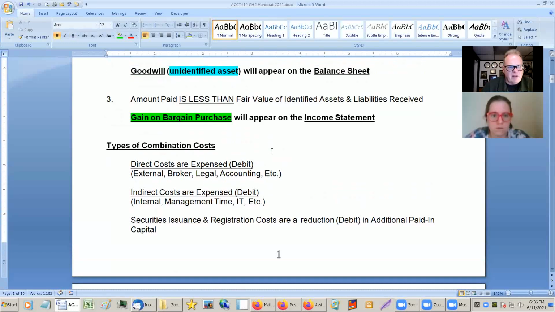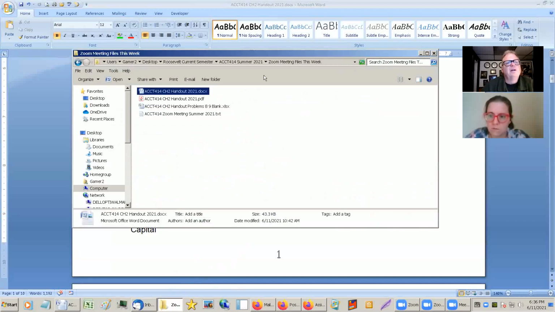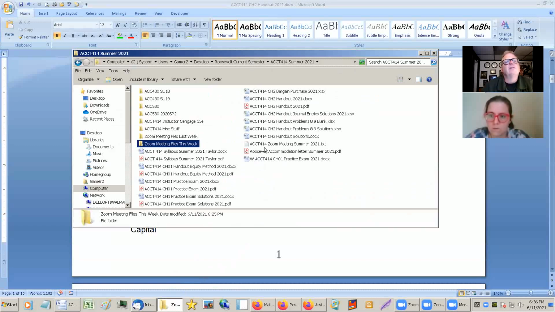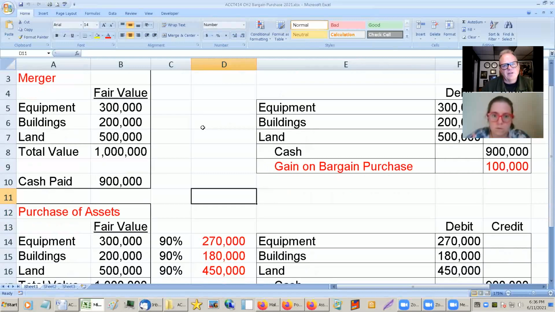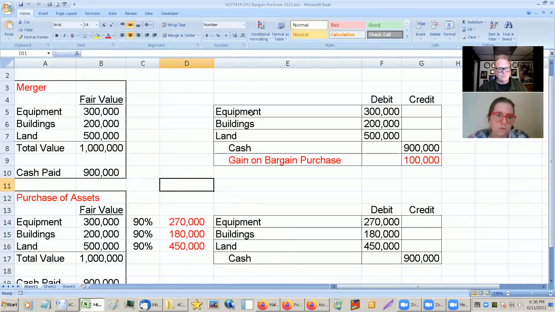And I think I have, let me pull it up. I don't know if this is enough to go into, but this is just a little thing on bargain purchases. So, for instance, if it's a merger and you buy, let's say they don't have any liabilities, you buy their equipment, land, and buildings.